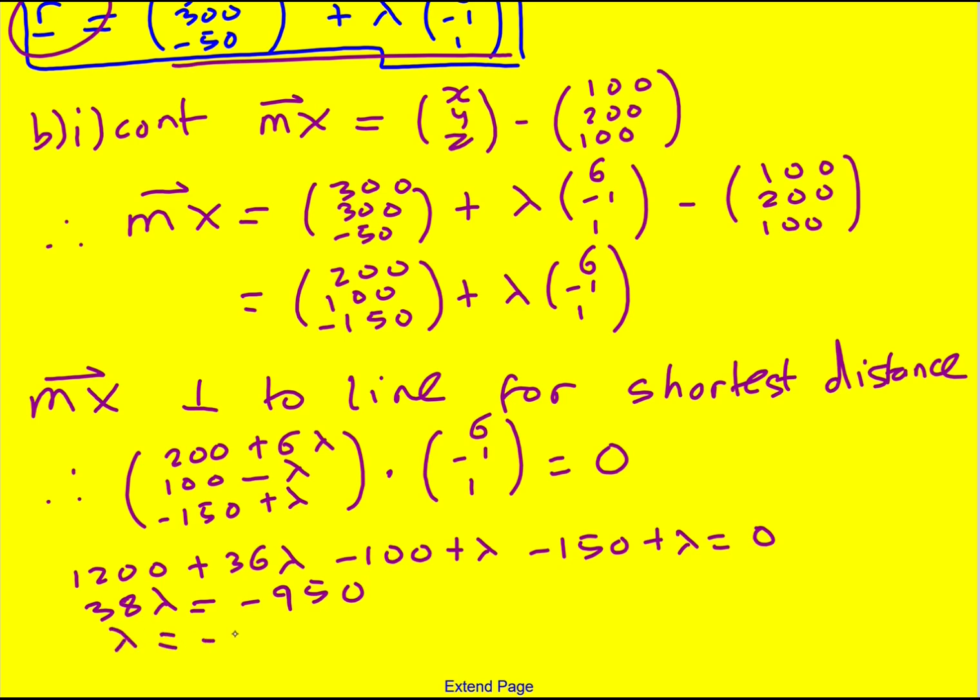lambda is equal to minus 25. And we can sub that back in.